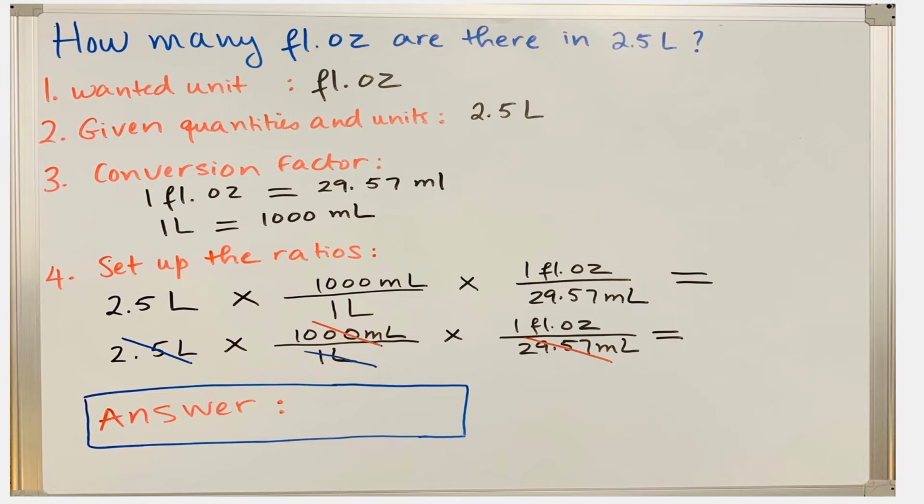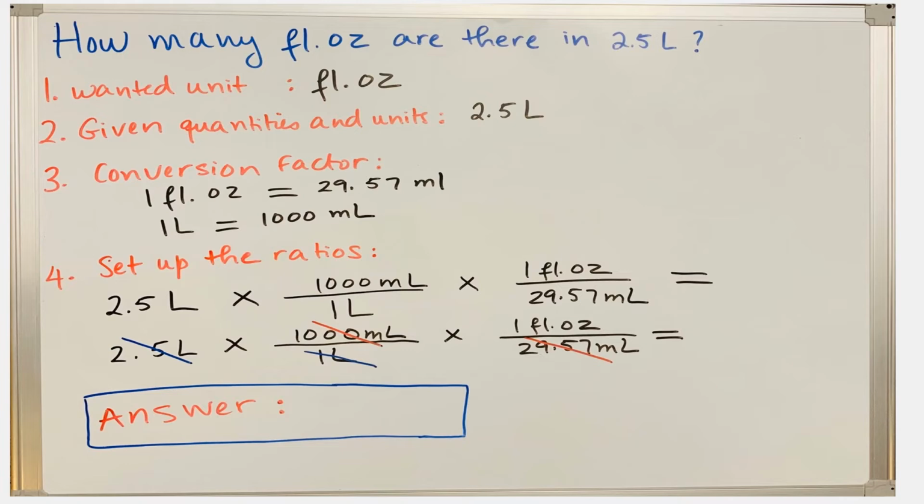Third, you have to identify if you need any conversion factors. So how do you know which conversion factors you need? In this case, they're asking you for fluid ounce, so you know you'll need the conversion factor that says 1 fluid ounce equal to 29.57 ml.